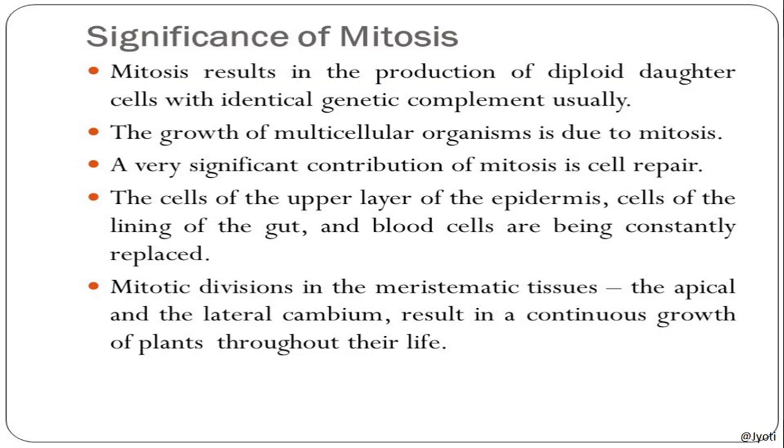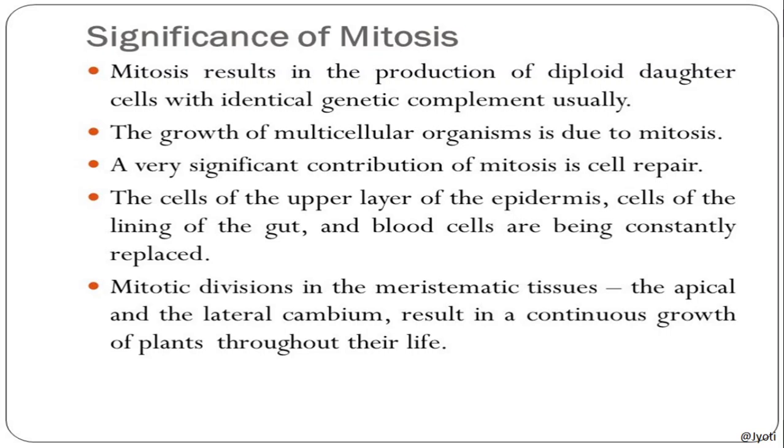Mitotic divisions in the meristematic tissue, the apical and lateral cambium, result in a continuous growth of the plants throughout their life. So as a whole, mitosis helps in growth of the multicellular organism and regeneration, and in some organisms, mainly unicellular organisms, mitosis is the mode of asexual reproduction.